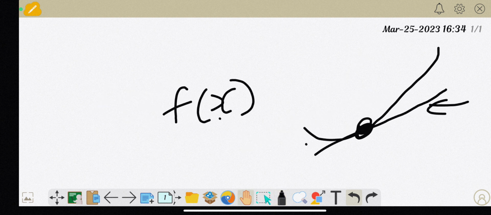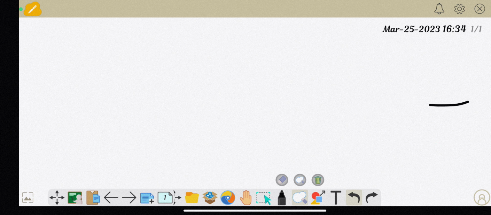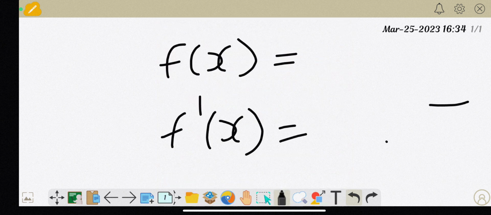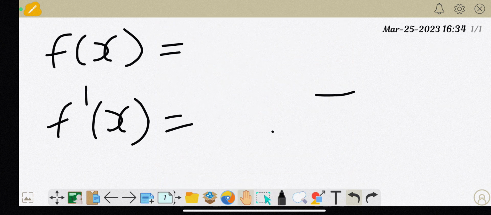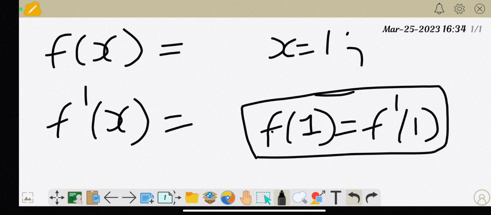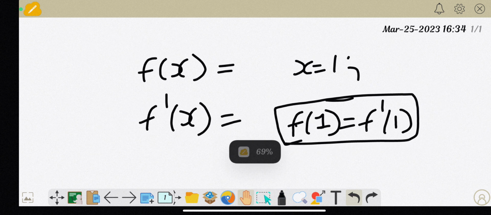But an exponential function is such a function that at any point, if you find f of x and f dash of x, say for x equal to 1, your f of 1 and your f dash of 1 will be equal. It is the speciality of the exponential function.